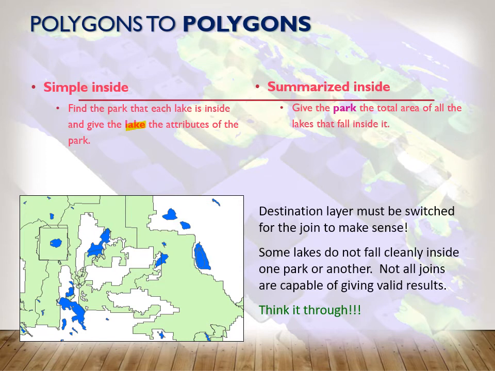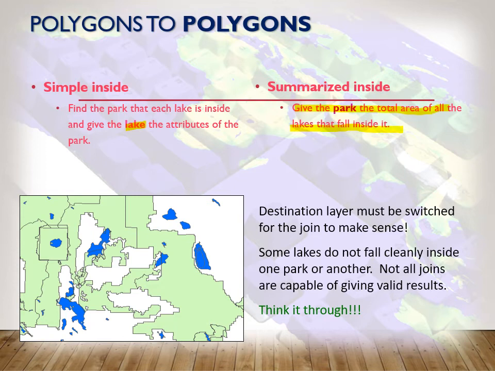What if we said give the park the total area of the lake it falls inside? Now this is interesting. We're switching the destination and the source, but some lakes do not fall cleanly inside.